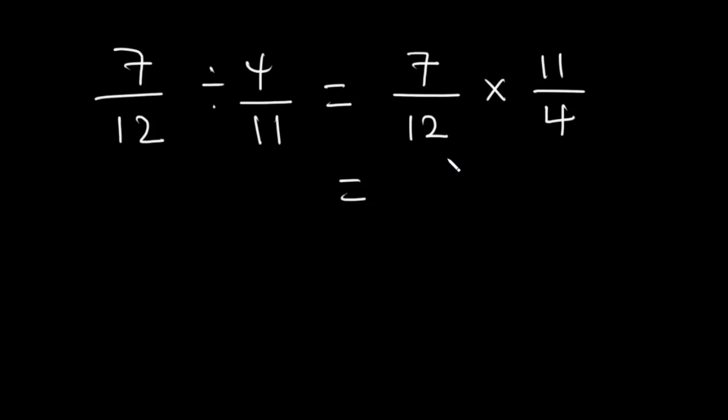Now 7 times 11 is 77 and then 12 times 4 is 48. Since we cannot break down this fraction, the final answer when you divide 7 over 12 by 4 over 11 is equal to 77 divided by 48.